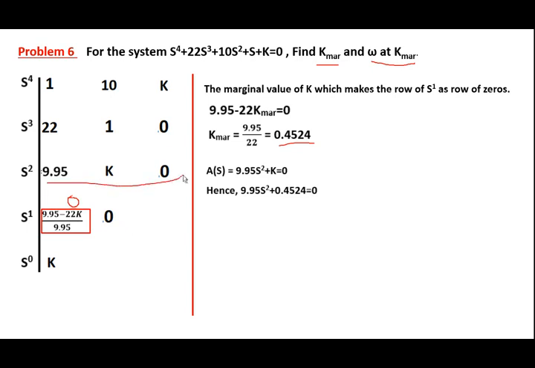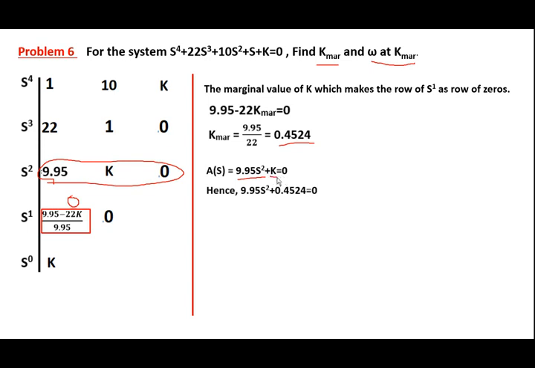By considering this row, we can write the auxiliary equation. 9.95 is the coefficient of s square. So 9.95 s square plus, the s bar 1 coefficient we don't want, this is the s bar 0th coefficient, so 9.95 s square plus k equal to 0. That is the auxiliary equation.